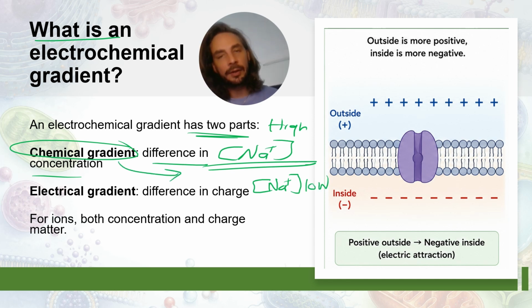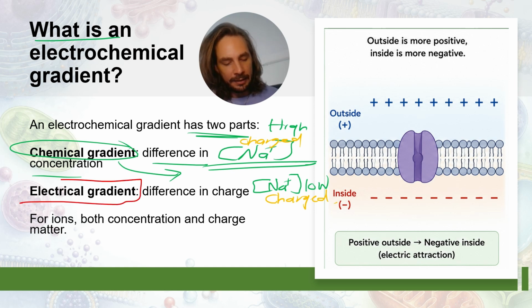This is a chemical gradient. Now, because sodium is a charged molecule, it creates the electrical gradient. So we need the chemical gradient to create the electrical gradient, because this is the difference in charge.